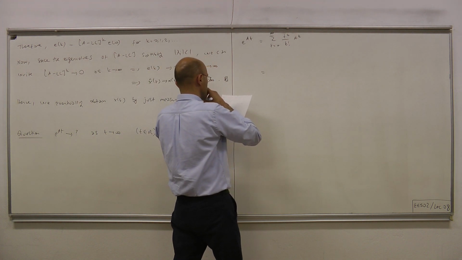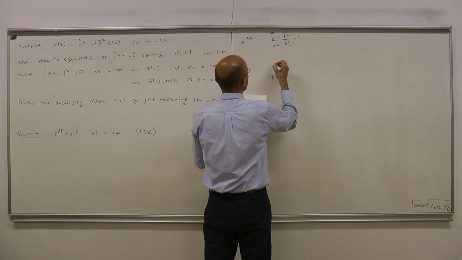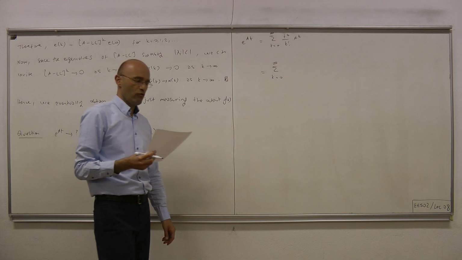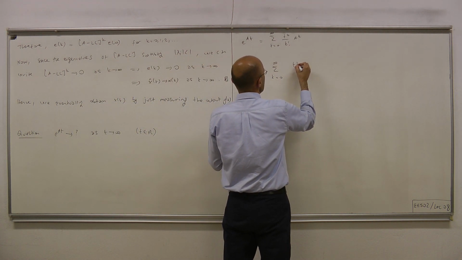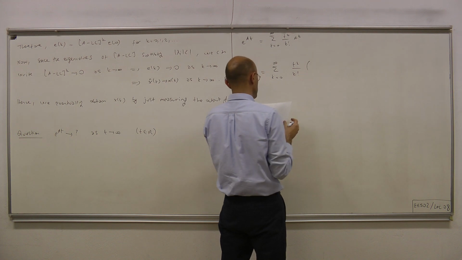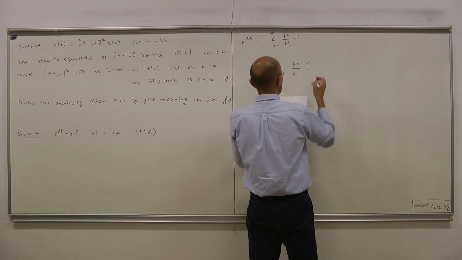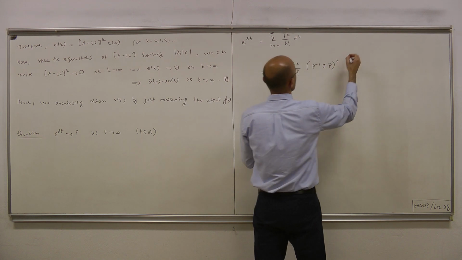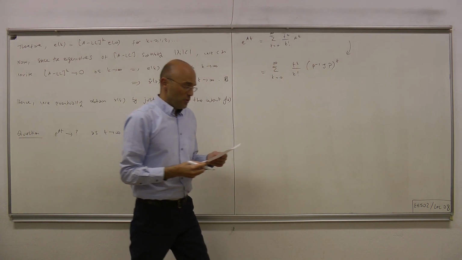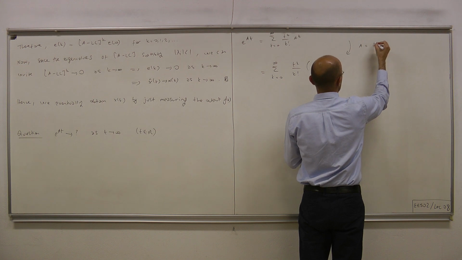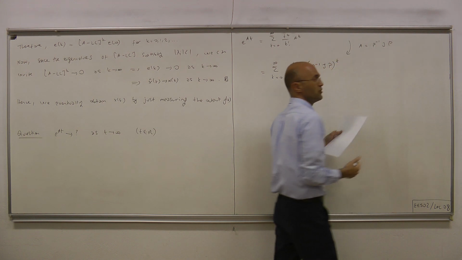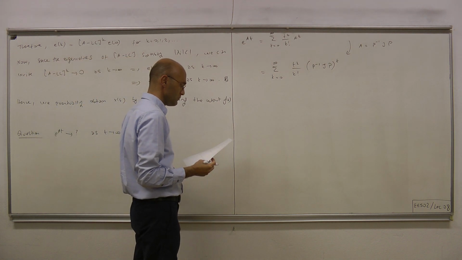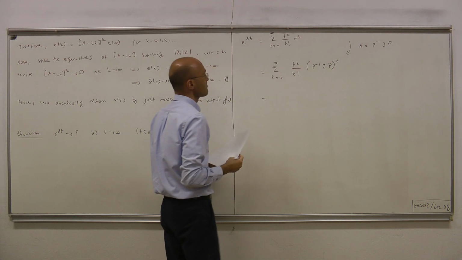Then this equals, let's rewrite the same summation, this time in terms of the Jordan form of A. t to the k over k factorial, and what we do is we replace A with its Jordan form, (P inverse J P) raised to the power k, where we use that A equals P inverse J P, and J is the Jordan form.